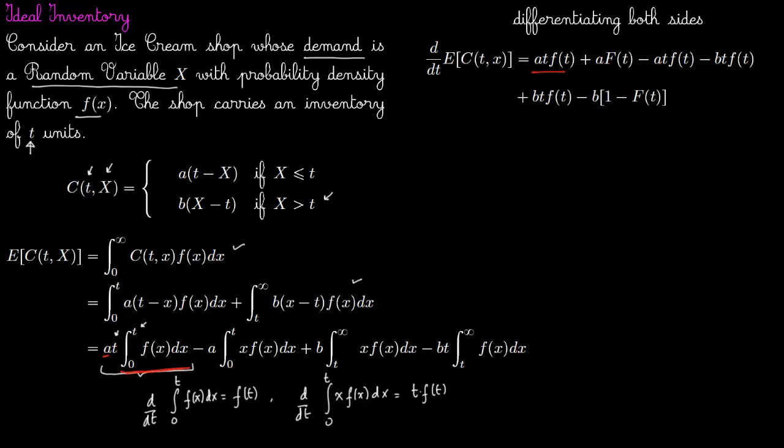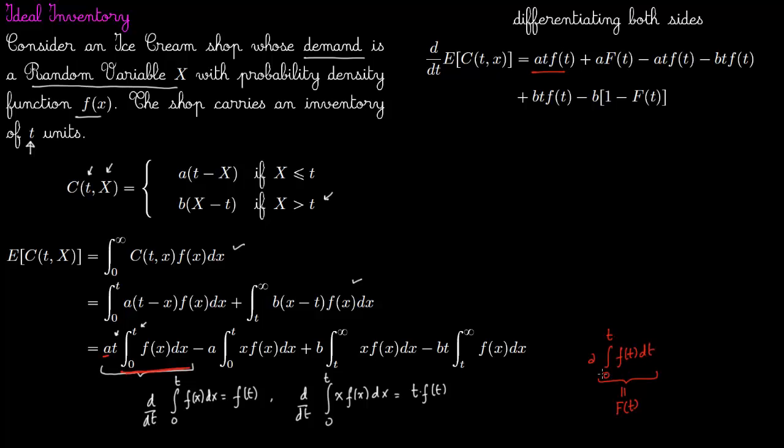You get a times the integral from 0 to t of f of t dt. But this integral from 0 to t of f of t dt is nothing but capital F of t. That is the definition of the distribution function: the distribution function is the integral from 0 to t of f of t dt.